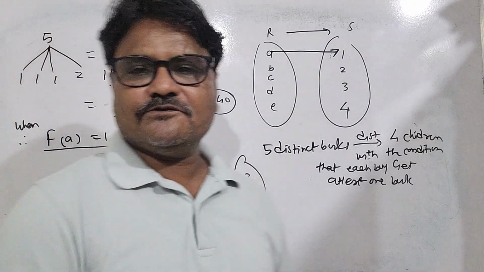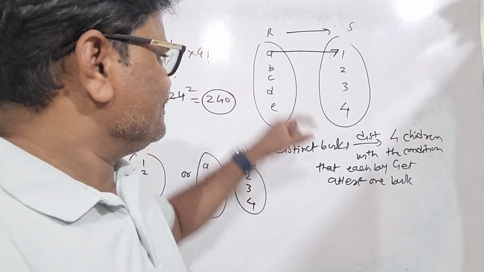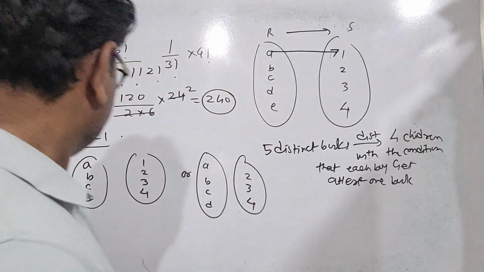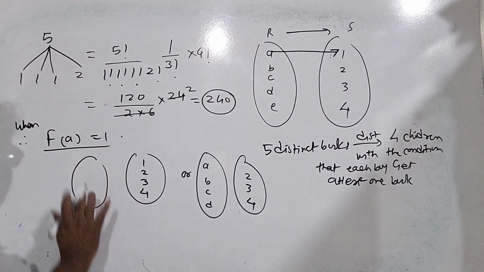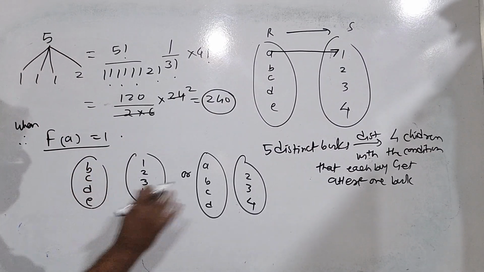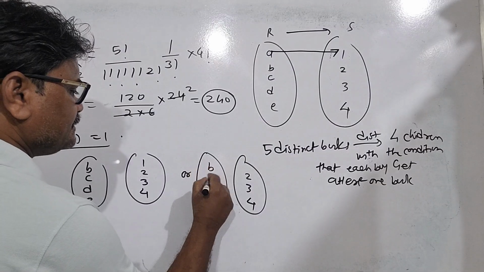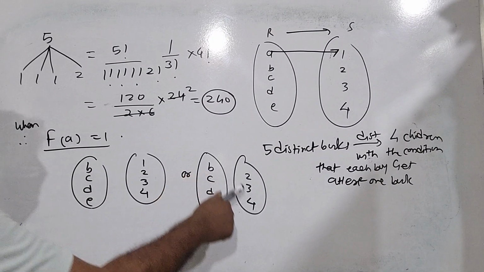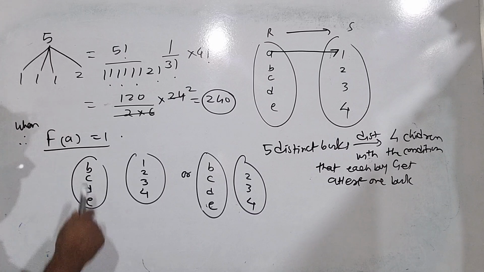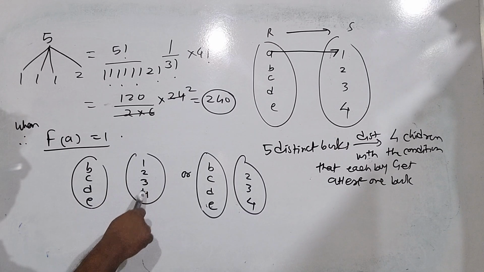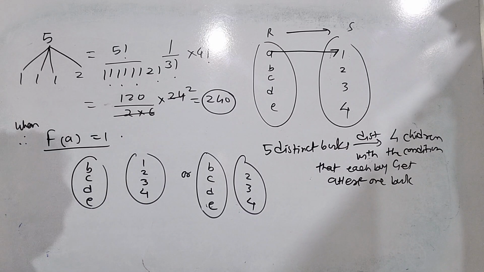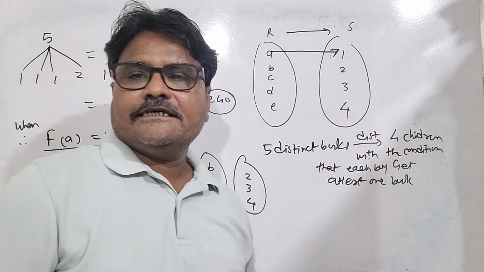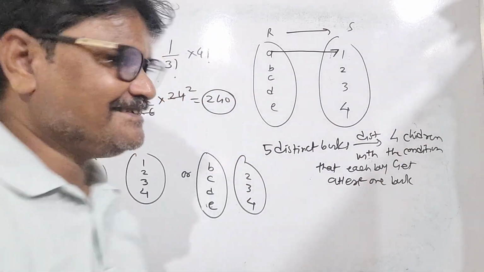Because we want onto functions. B, C, D, E can be distributed to 2, 3, 4, or B, C, D, E can be distributed to 1, 2, 3, 4, because we have already assigned A to 1, correct?